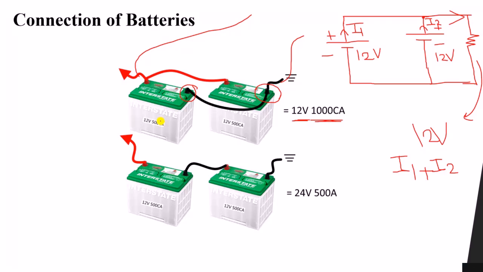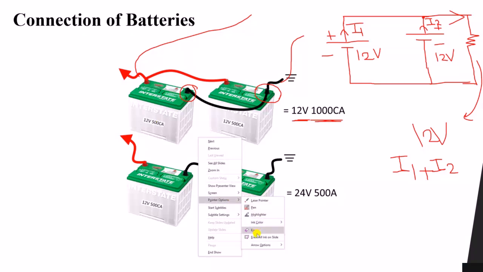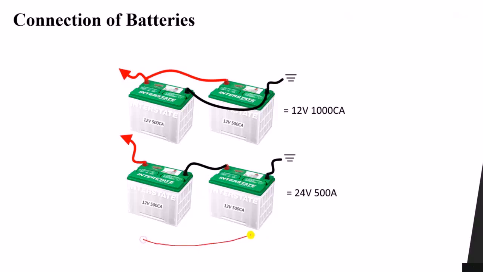Now let's see the second configuration, which is the series configuration. You can see we have positive, negative, positive, negative. So we have a battery like this, positive, negative.